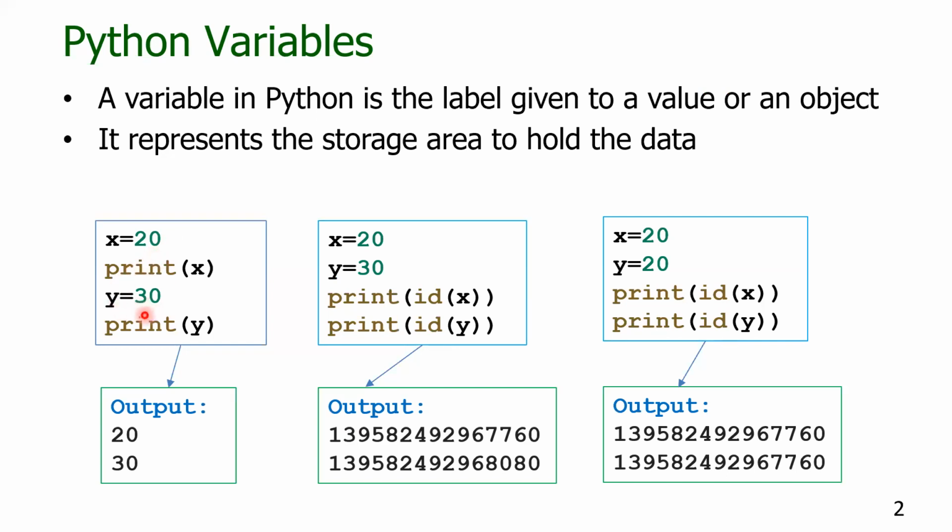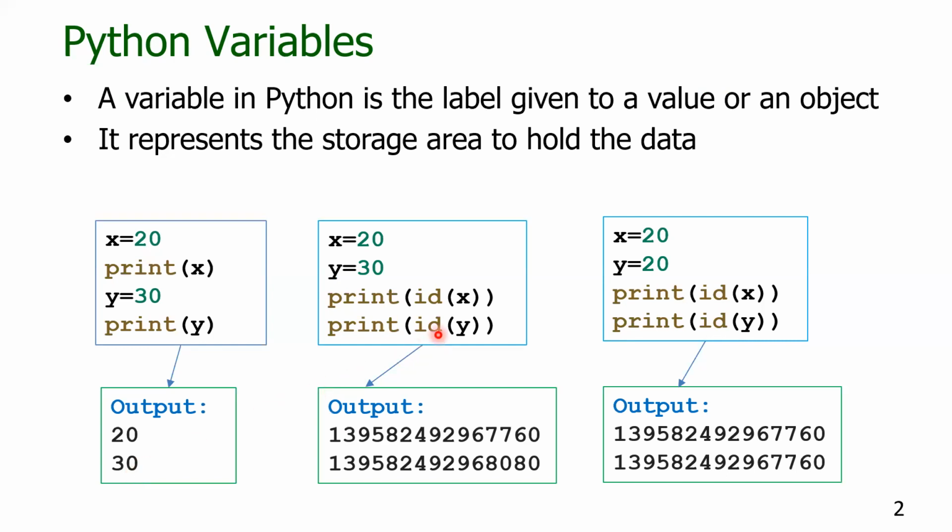And similarly, y equal to 30. Here, y is the label that is used for storing the value 30. If we print the value of x and y, the output will be x is 20 because x is the label given to the value 20, and similarly y is the label given to the value 30.